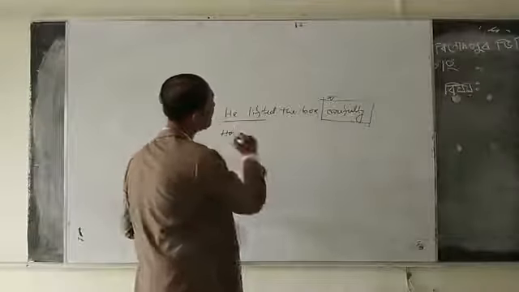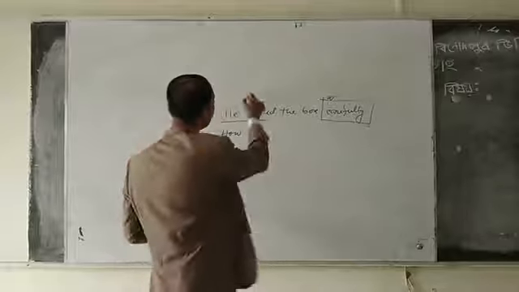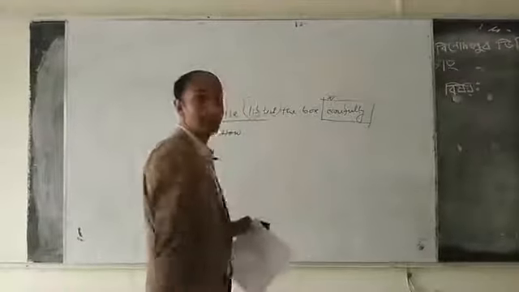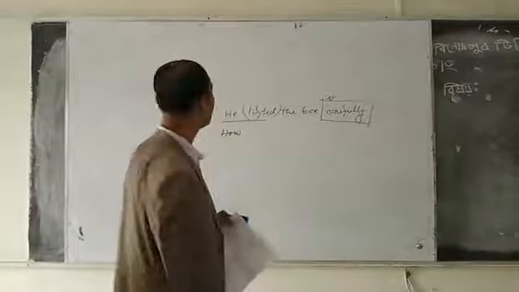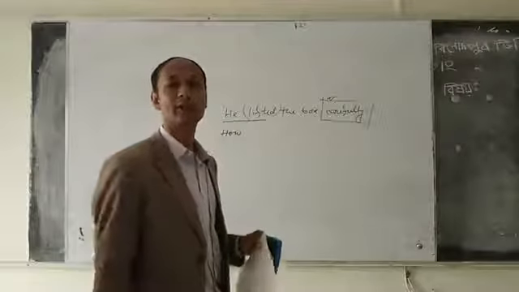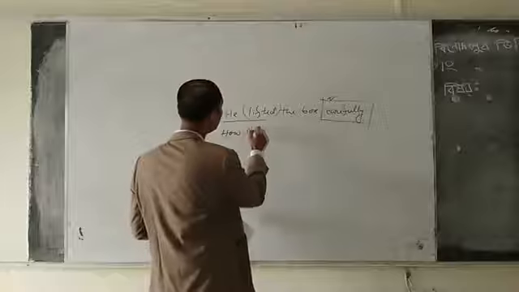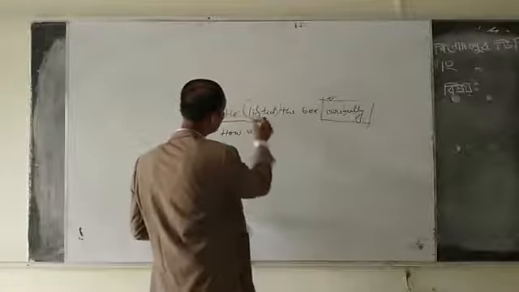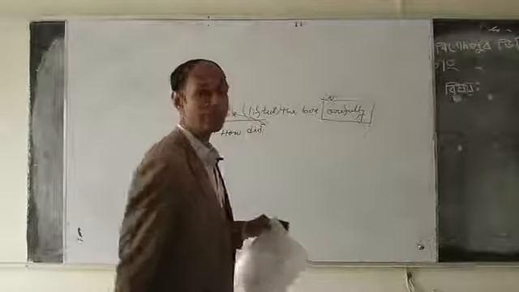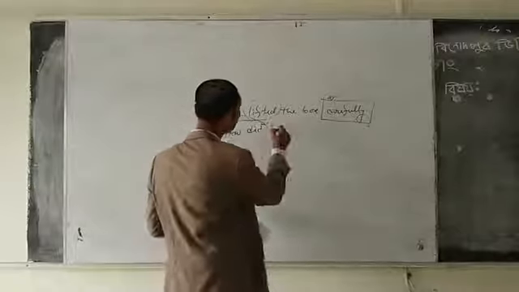We will put how. As the main verb is in past form, so we will put did as an auxiliary verb. How did? Then we will put subject. How did he?